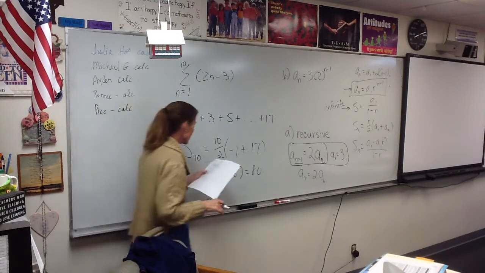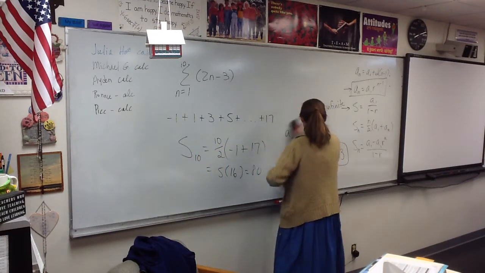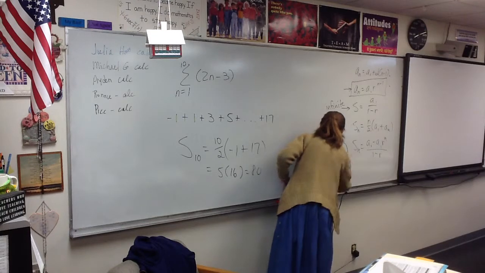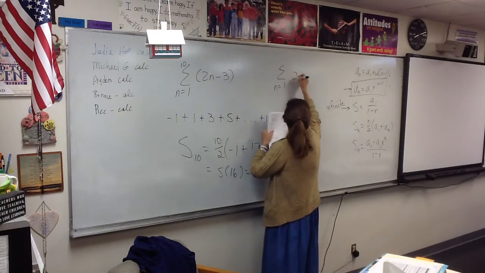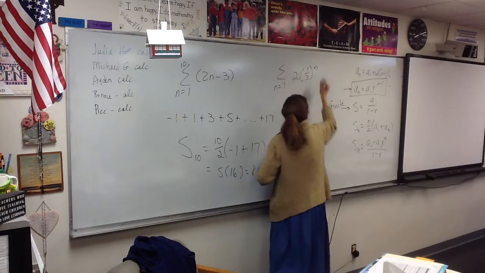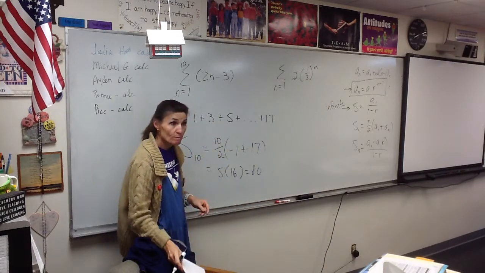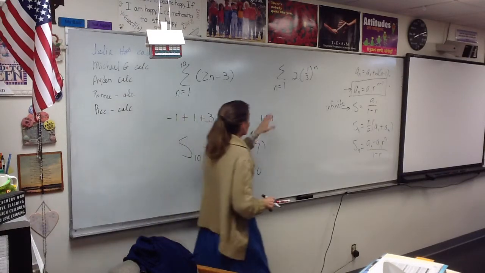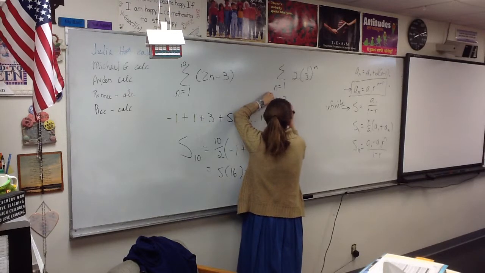Let's look at the next one. It's another sigma. Let's see what's going on here. How did I start the last one? Let's write out a few terms, see what's going on. So we'll start by putting in 1. What do I get when I put in 1? 2/3.